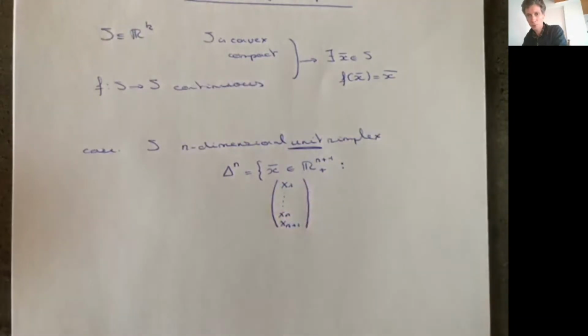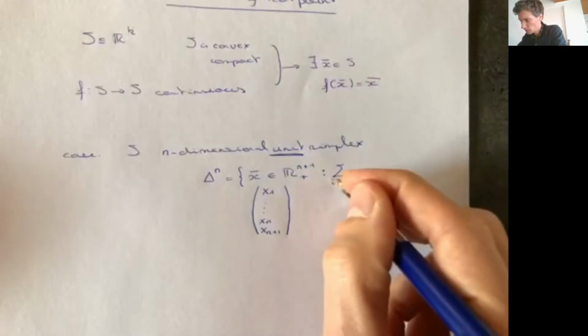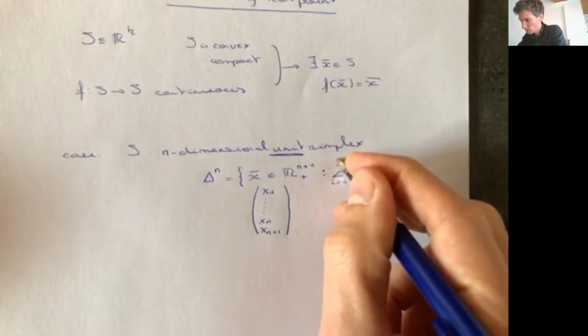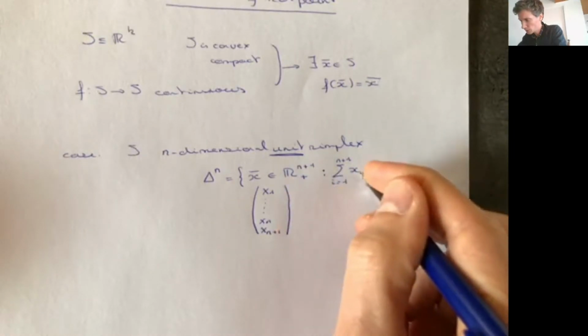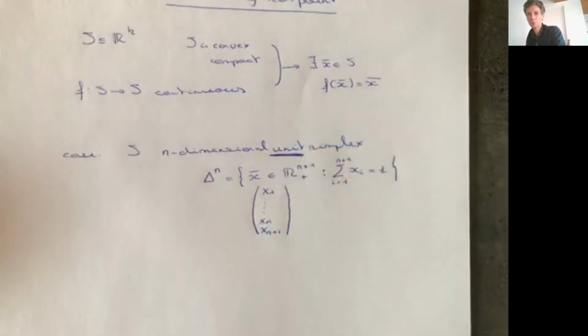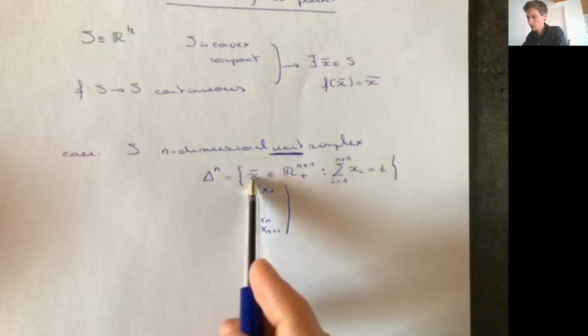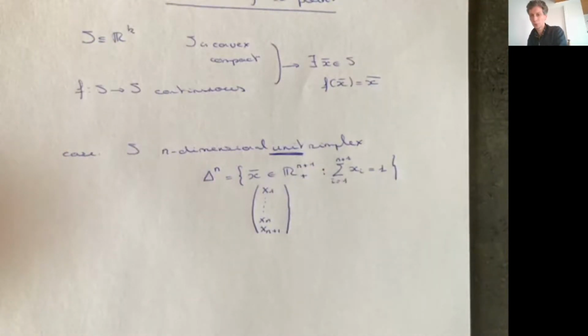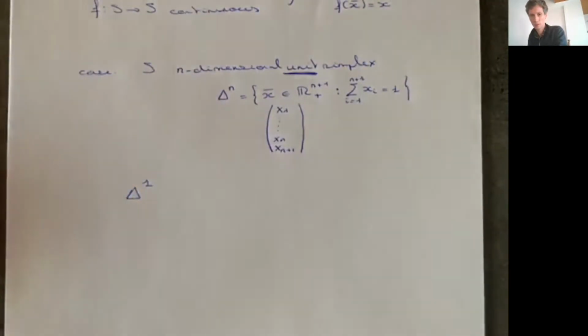So it has n plus 1 terms, with the property that if we add all these components of x together, we get the number 1. This is where the name unit comes from. So delta n contains vectors that are of dimension n plus 1, and it will become clear why this is the case.